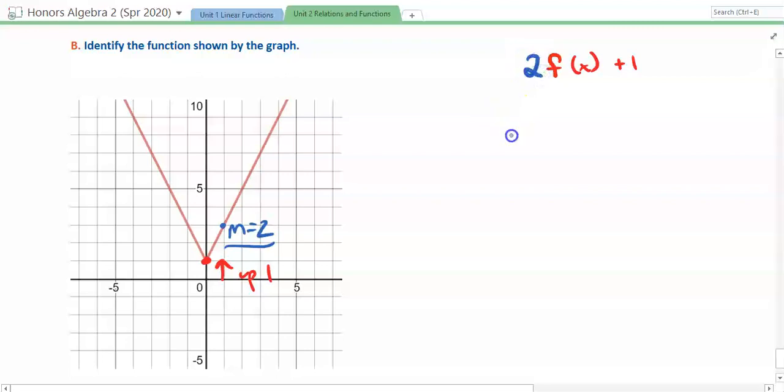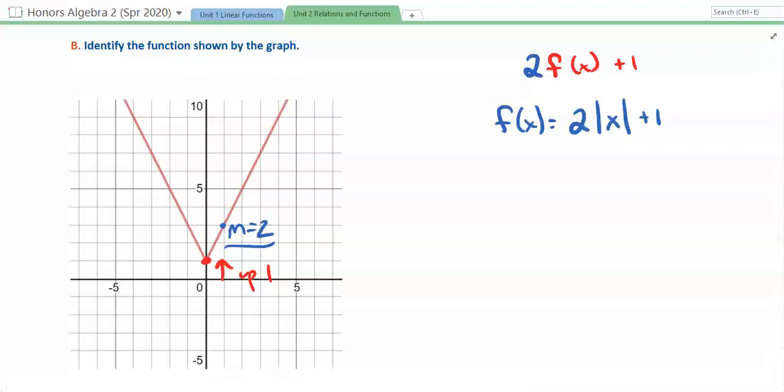And so we're going to get y, or f of x, because this is an absolute value function, f of x is equal to 2 times the absolute value of x, and then plus 1 out back. And the plus 1 is not inside the absolute value bars. Remember, if it was inside the absolute value bars, this would be a shift either to the left or right, depending on the sign. Out back, it's vertical. Inside, it's horizontal. And so this is our function.